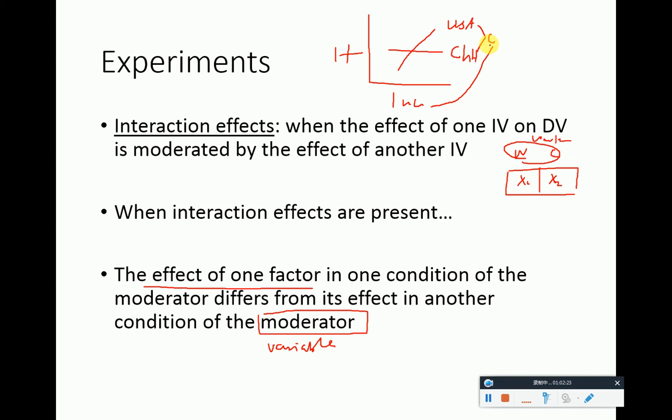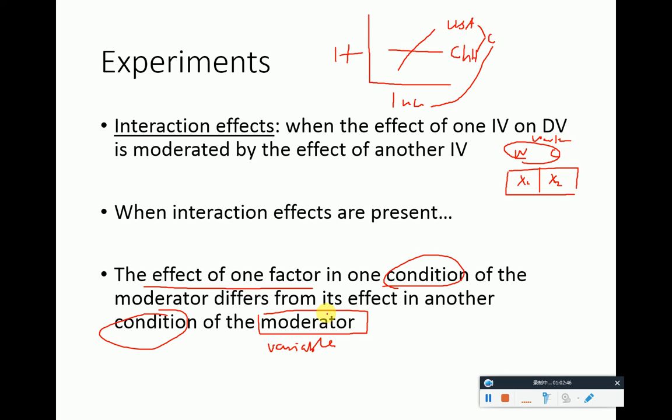And here the country has two conditions. One is USA, second is China. So the variable will have at least two conditions, two values. That's the first value of this moderator, and that's the second value of this moderator.